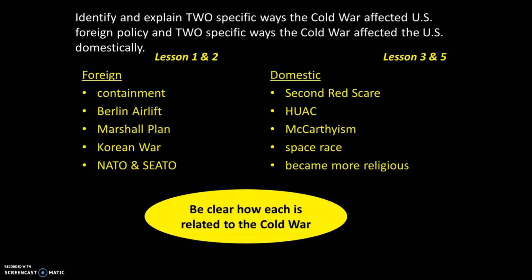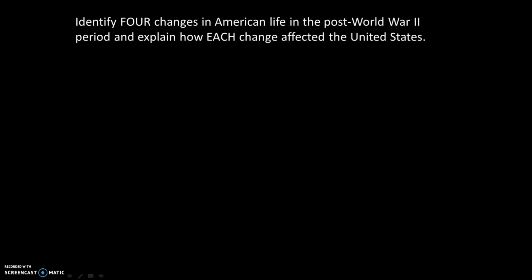So Americans started to become more religious in contrast to the communists, or what we saw as godless communists. So we start doing things like adding under God to the Pledge of Allegiance and in God we trust to our money. So just make sure when you explain these things, it's clear what this has to do with our rivalry with the Soviet Union or the communist world in a more general sense.